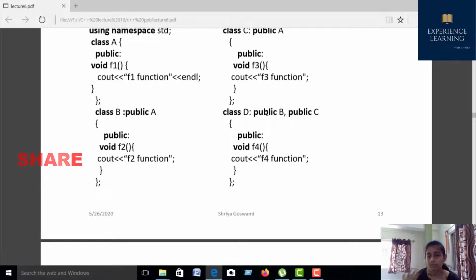Every time you create the object of class D, the compiler has to think about where it is inherited from. So first the object of its parent class will be created, then it will be.